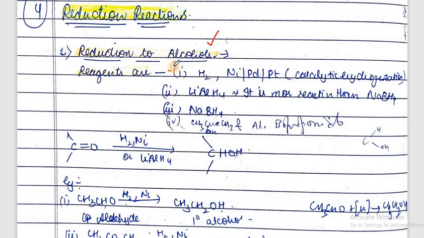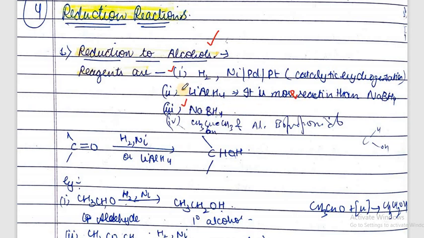First is hydrogen in the presence of nickel, palladium or platinum, and this is also called catalytic hydrogenation because it is addition of hydrogen in the presence of a catalyst. Second, lithium aluminium hydride can also be used, and it is more reactive than sodium borohydride.